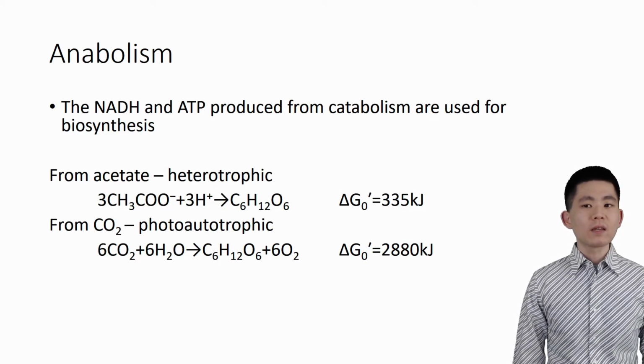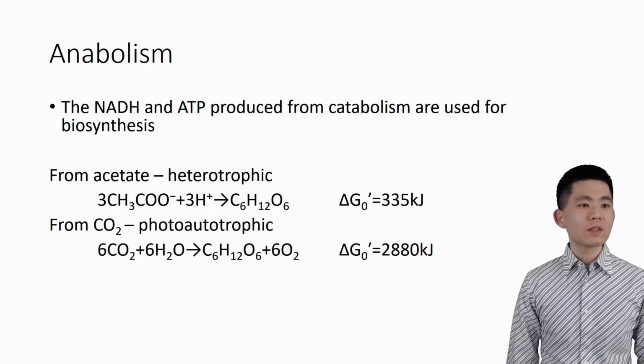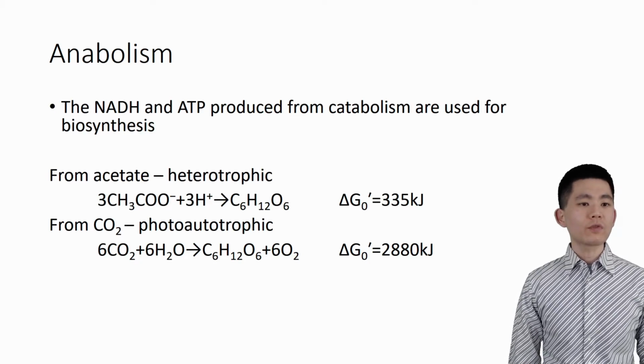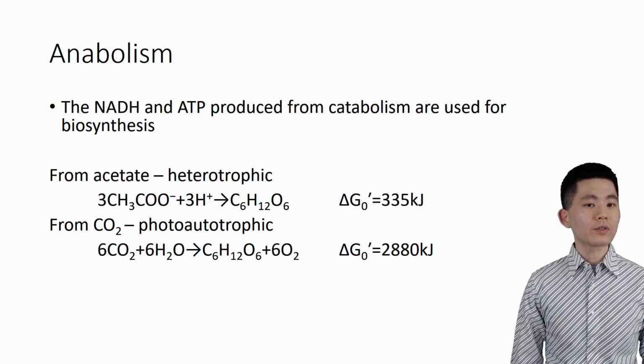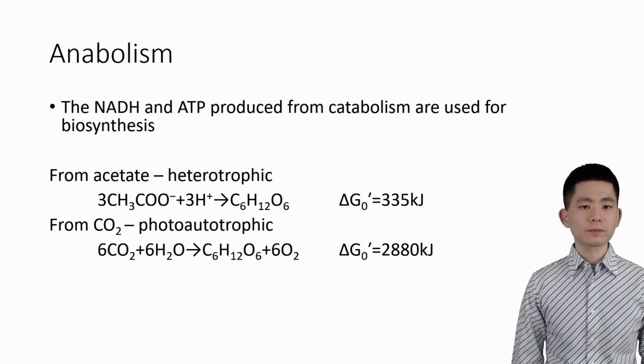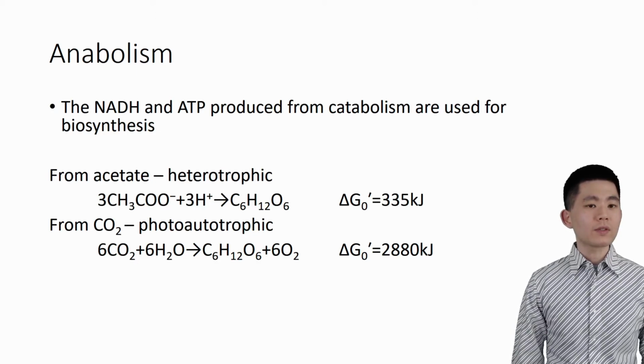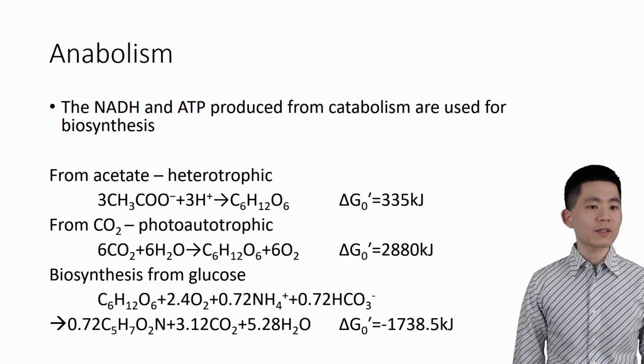Based on that, we can write down the energy needed to produce glucose from acetate and CO2, which represents the heterotrophic and autotrophic glucose synthesis. More free energy is needed in the autotrophic process as the carbon source is at a lower energy state. The reaction of synthesizing the empirical biogas from glucose is shown here.